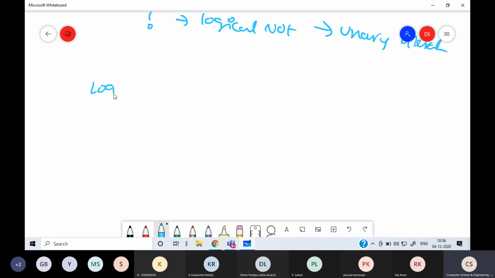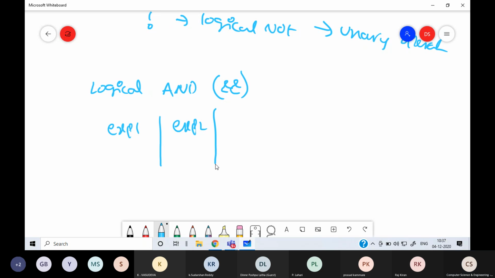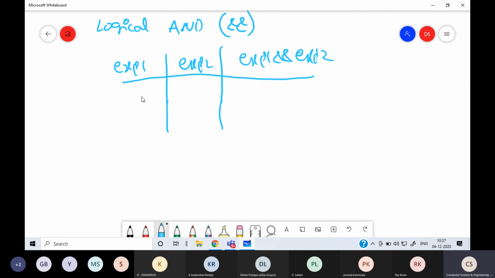First, the logical and. You pronounce it as and. Logical and uses two ampersand symbols. When I take expression 1 and expression 2, the result of expression 1 ampersand expression 2 depends on both. When expression 1 is false and expression 2 is false, the result is false.